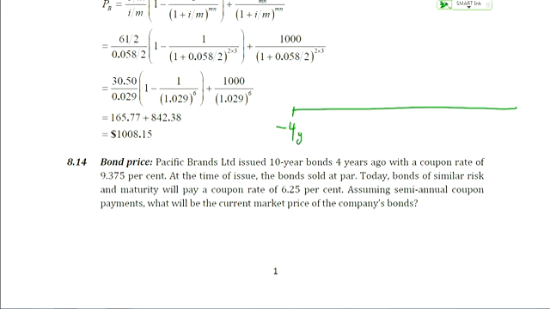If it is 4 years, we are standing here at time 0. And there will be 6 years to maturity, right? But then, of course, it depends on the compounding frequency so that it can convert that years into the number of compounding periods. At the time of issue, the bonds sold at par.